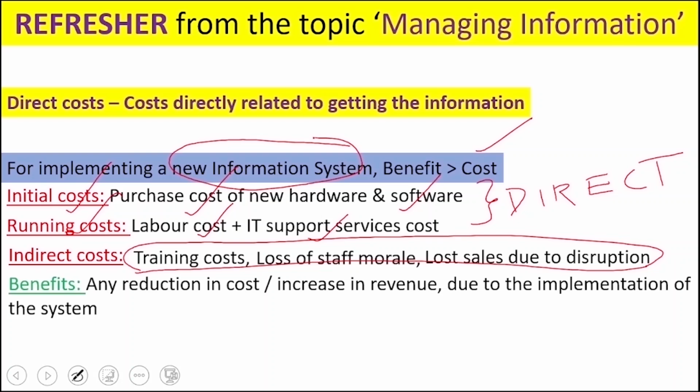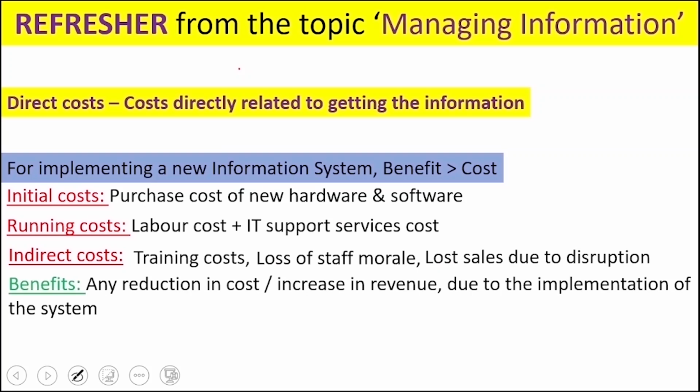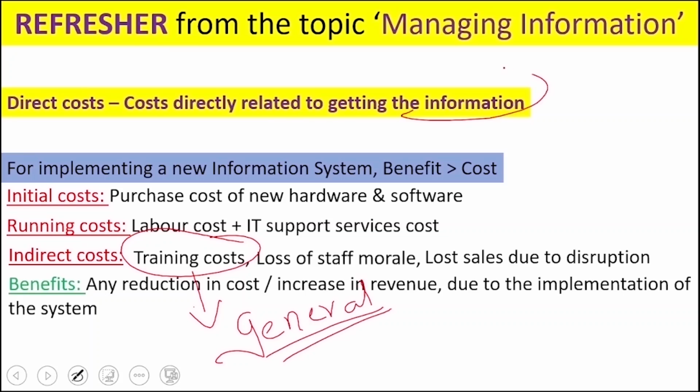So you would have noticed that all the direct costs aim at getting the information, directly related to getting the information. Now look into the indirect cost. Now training cost, we can say it is general training. Now general training is not for getting this particular specific information.